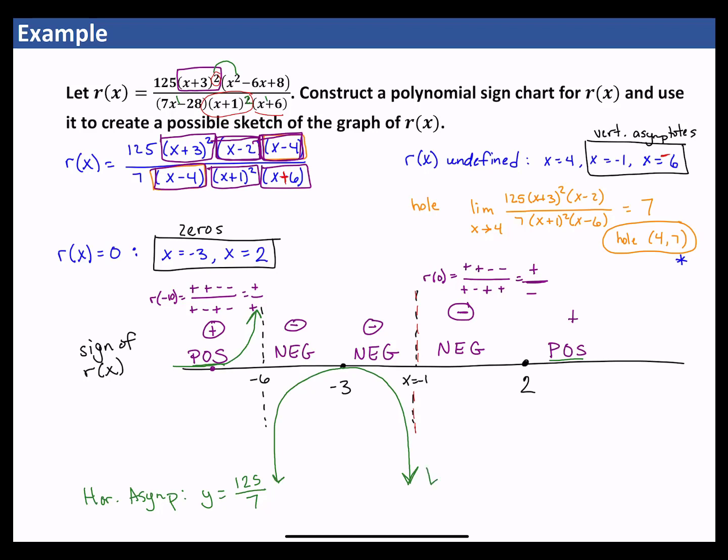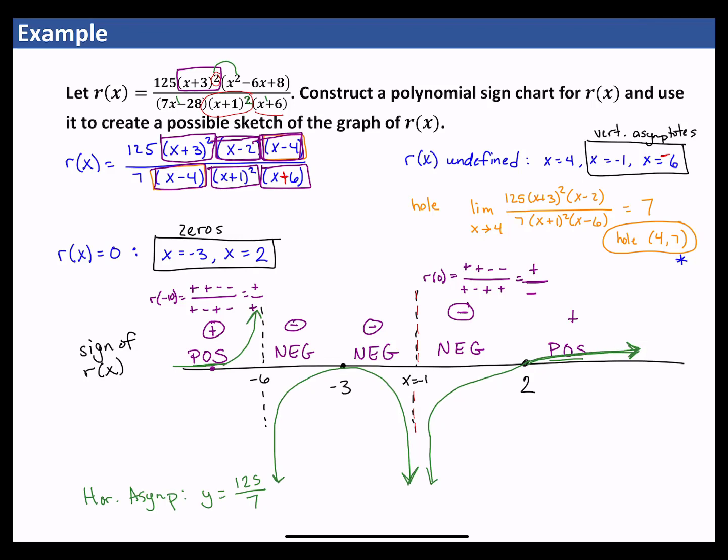And then the graph starts out near that vertical asymptote again at x equals -1, crosses through the x-axis at x equals 2, but then there is that horizontal asymptote again of y equals 125/7. So I'm going to let that graph flatten out a little bit in its long-range behavior.